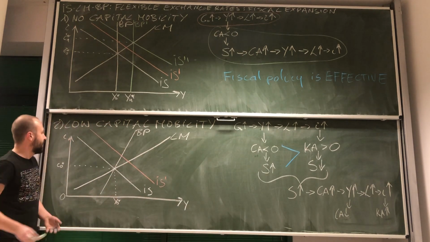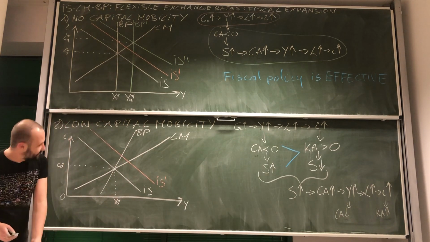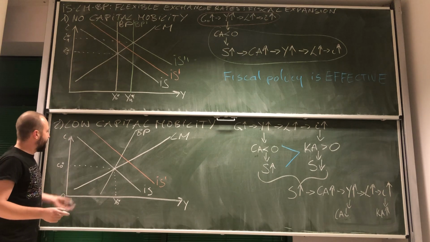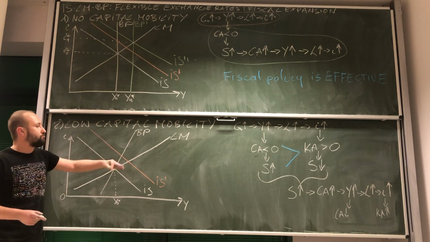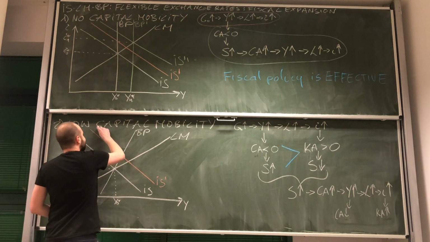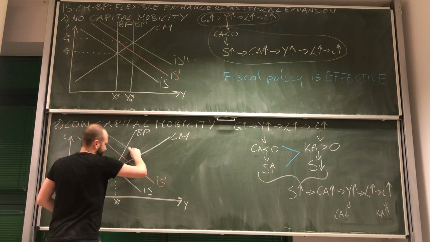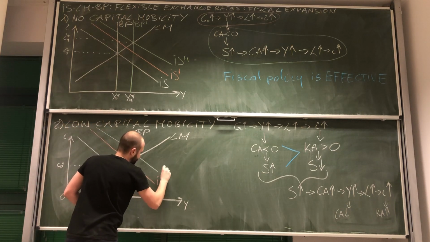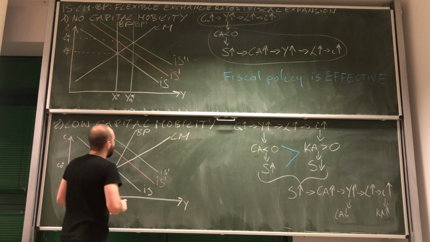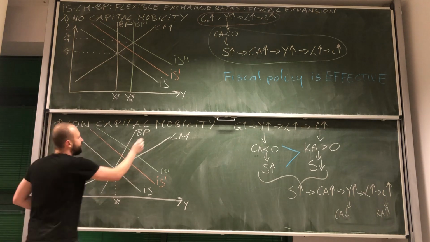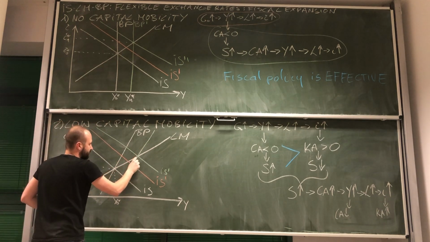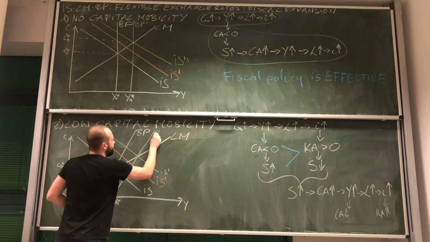Not a problem. Okay, so what will we see over here? Well, first, IS moves to the right, but by less than in the previous case. And BP moves to the right as well.